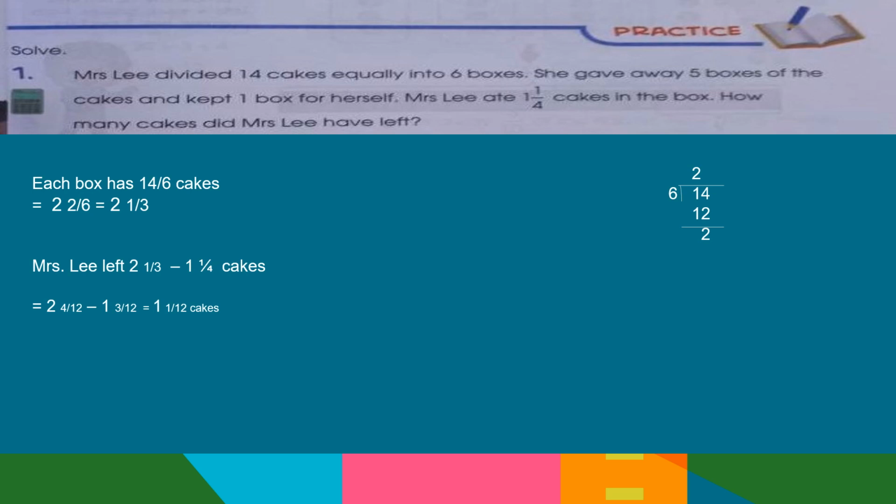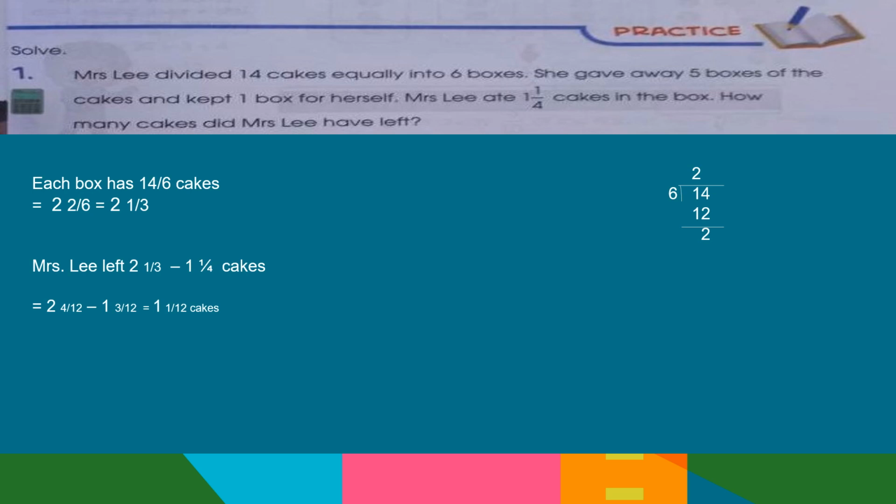In order to subtract, we first need to make the denominators the same. So we have converted 2 whole number 1 over 3 and 1 whole number 1 over 4, multiplying and dividing 1 over 3 by 4, and multiplying and dividing 1 over 4 by 3.